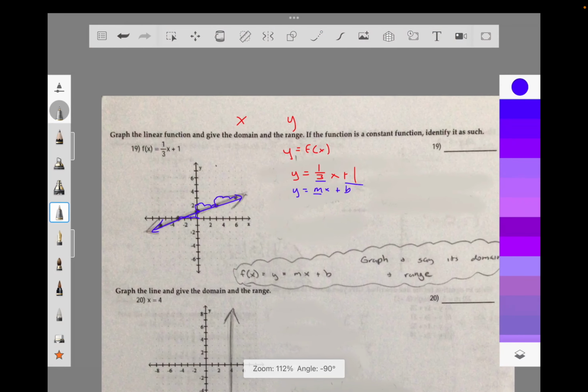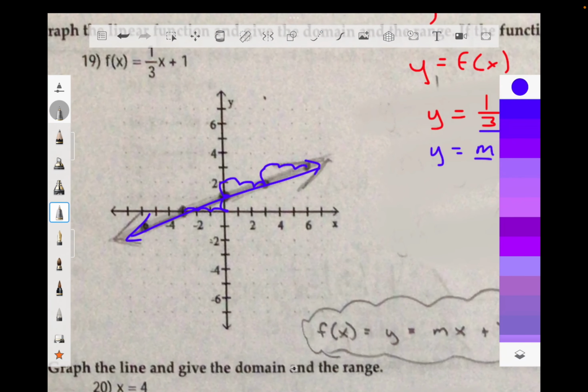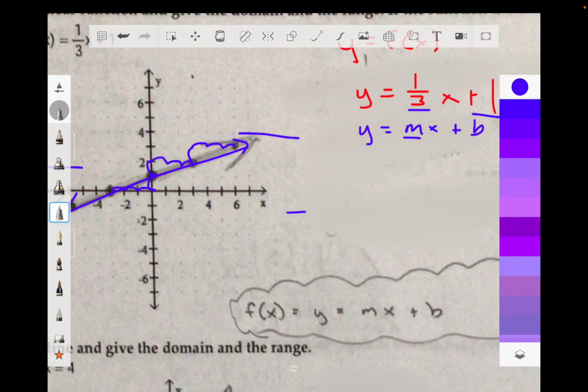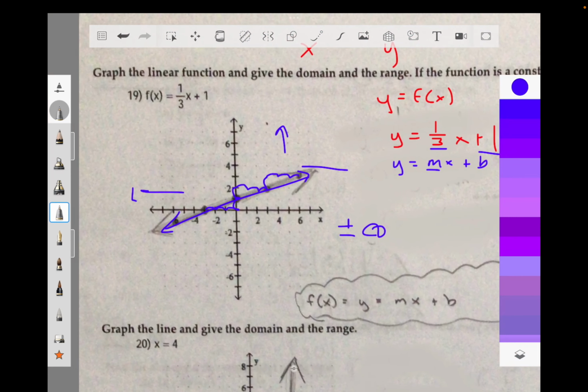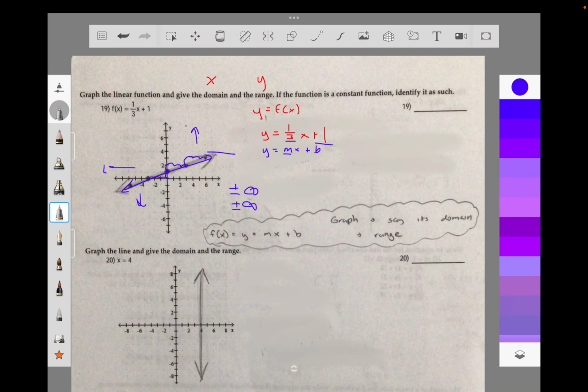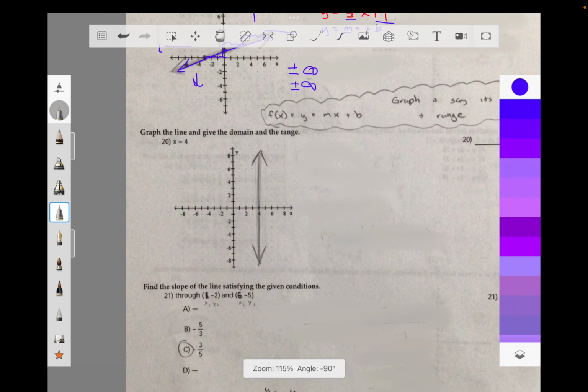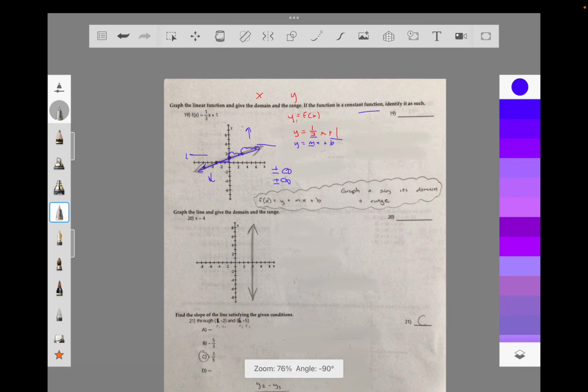The domain and range for this one, well, it goes infinitely right and infinitely left. So the domain is negative and positive infinity. And it goes infinitely up and infinitely down. So the range is also negative and positive infinity. Is it constant? No. Well, depends, but I don't know what to tell you there.